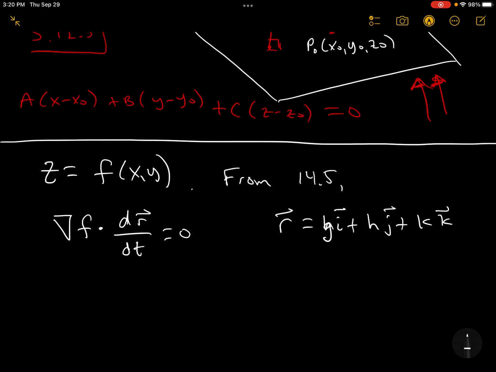Okay, so at every point along r, del f is orthogonal to the vector v, which is the velocity vector.